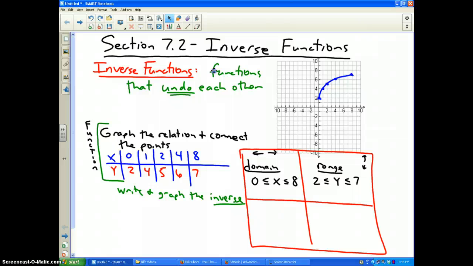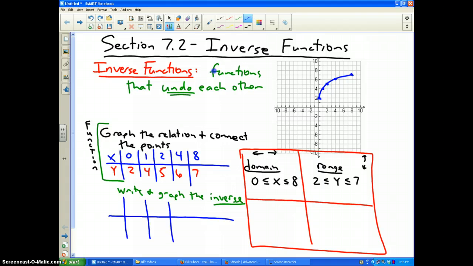Now, it says write and graph the inverse. Well, very simply, in order to find a function's inverse, and I'm going to write this in red and I'm going to circle it. To find the inverse, switch the x and y values.